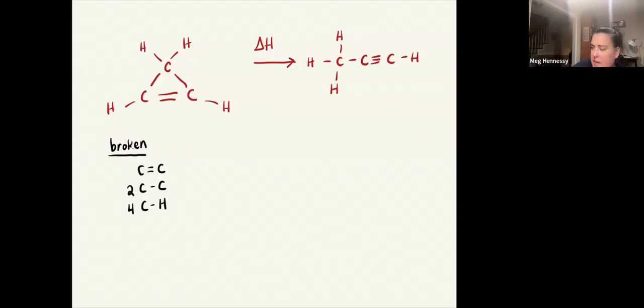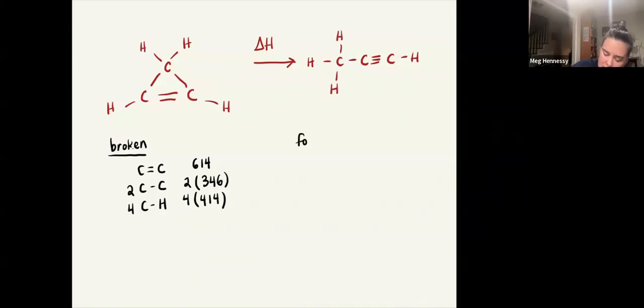I have section 11 open, and I have 614 for the bond enthalpy of breaking the carbon-carbon double bond, 2 346s for the bond enthalpy of breaking the carbon-carbon single bond, and 4 414s for breaking the CH bonds.